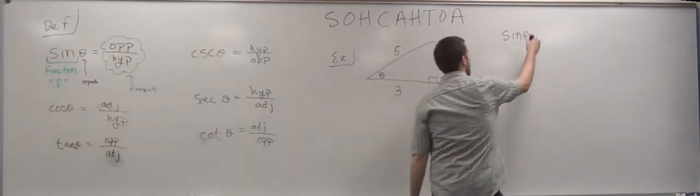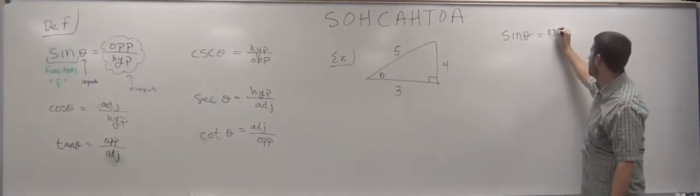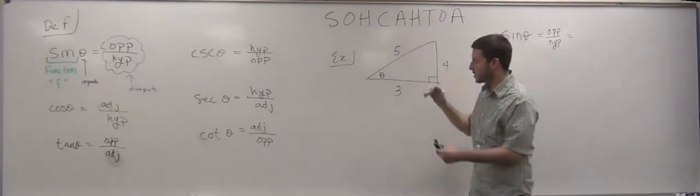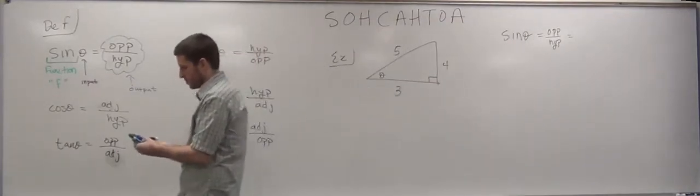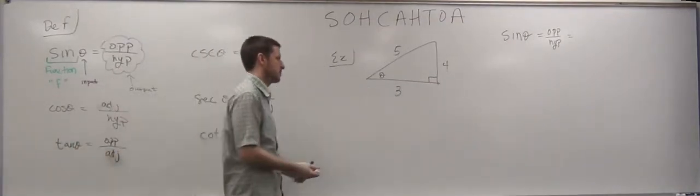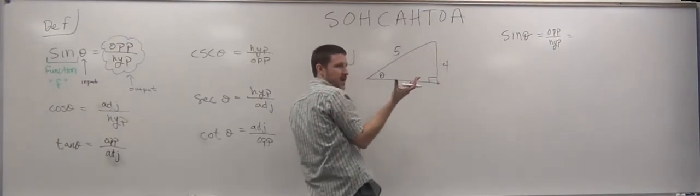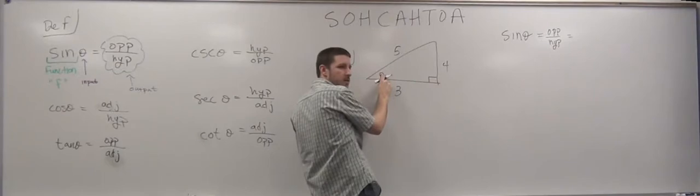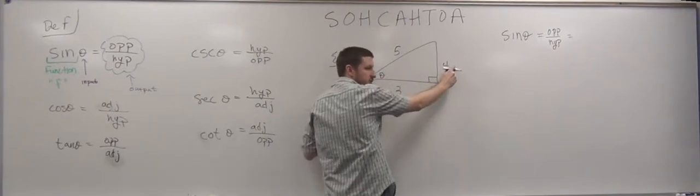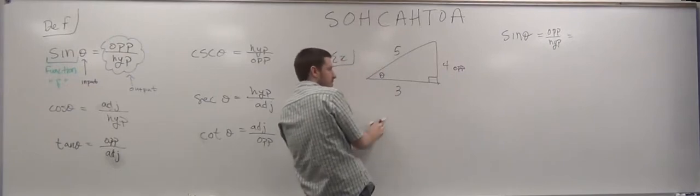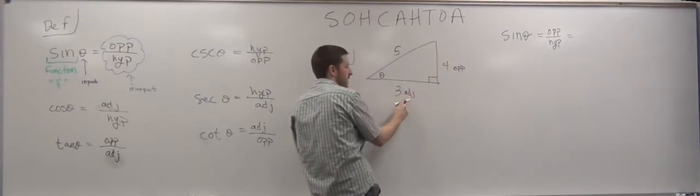So sine of theta is going to equal, forever and always, opposite over hypotenuse. In this particular case, how do we figure it out? You have to know which side is the opposite side and which side is the hypotenuse. That's about it. But that comes from the angle. Theta's here, so this is the opposite side. This is the adjacent side, which I'll label for later.